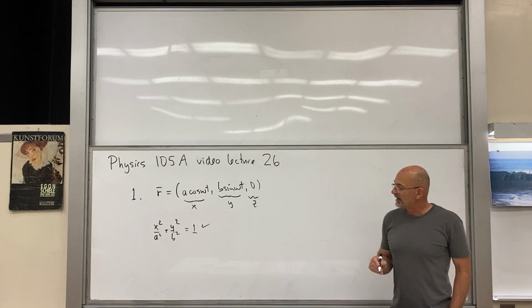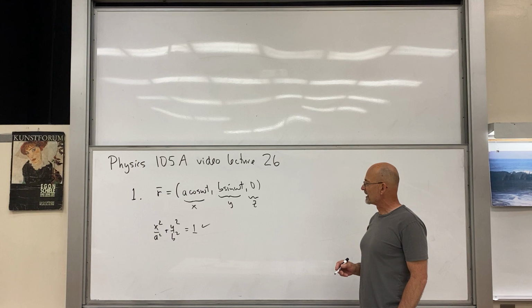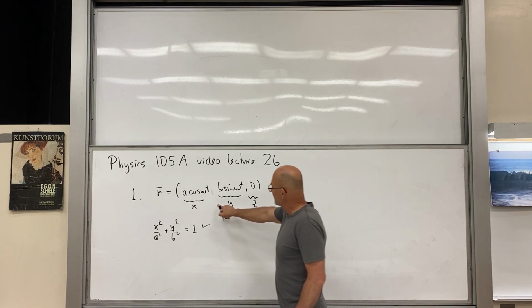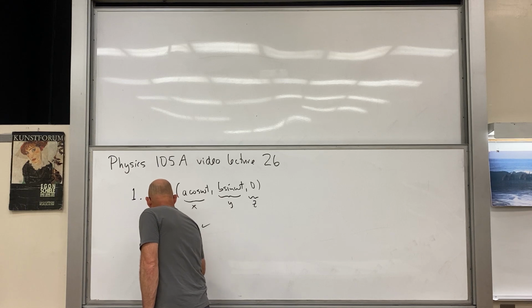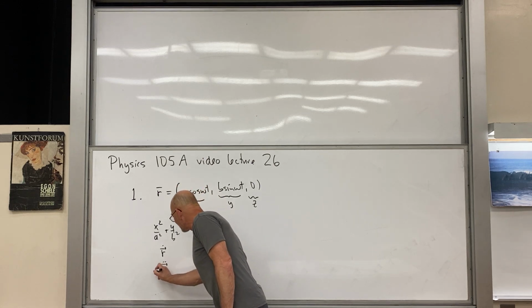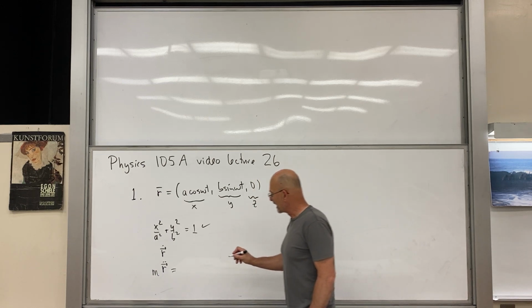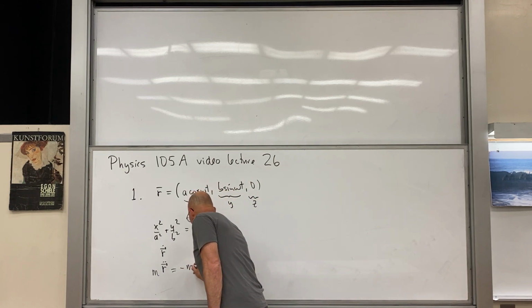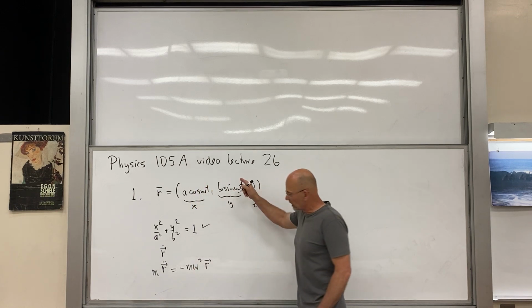Another interesting thing about this object is if you just calculate the velocity and the acceleration, and multiply the acceleration by m, you get minus m omega squared times the original r.